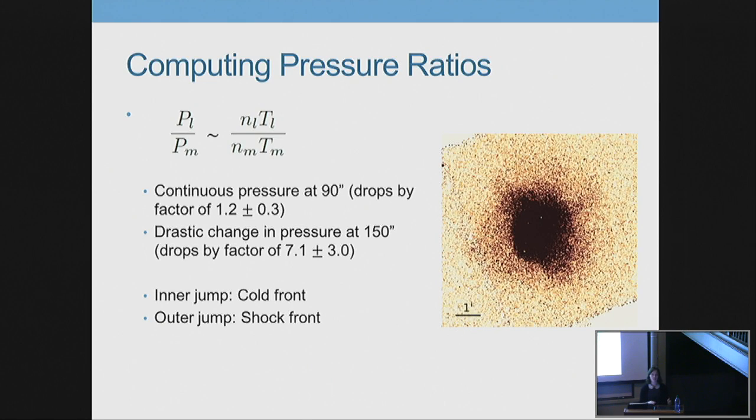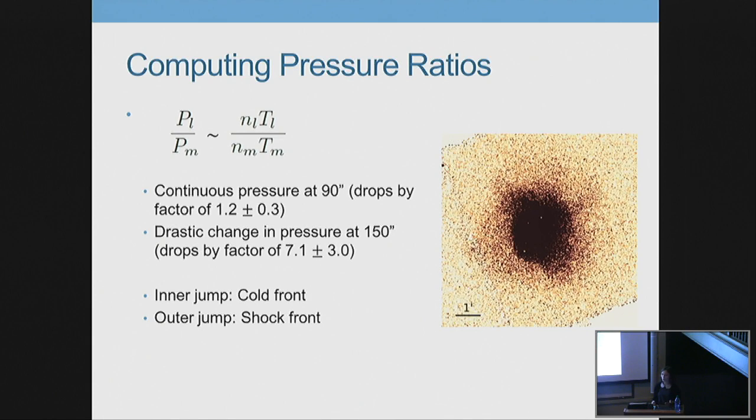On the second discontinuity, however, we had a pressure drop by a factor of 7.1, which is a very large pressure jump. And there are 3 important features to be noted from this.